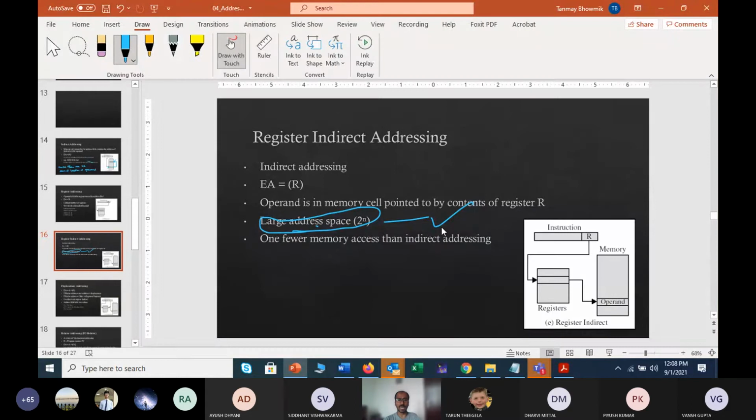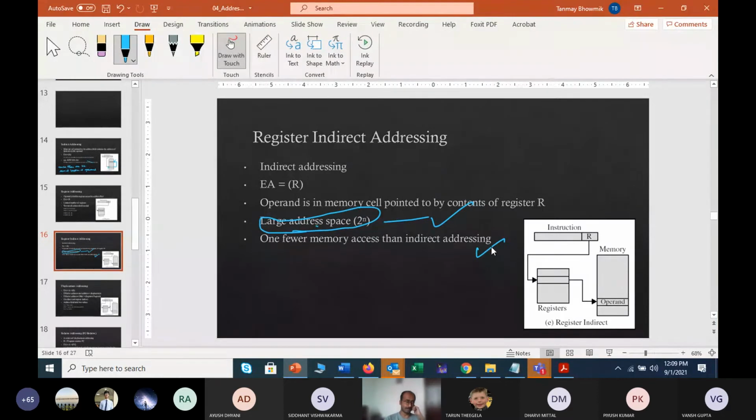Another point is one fewer memory access than indirect addressing. In indirect addressing there was another memory location, so you were accessing memory two times. But right now this is done through a register, so memory is accessed only one time.